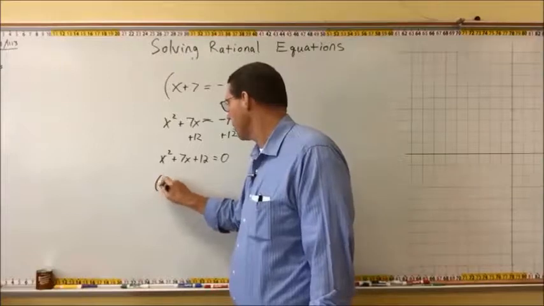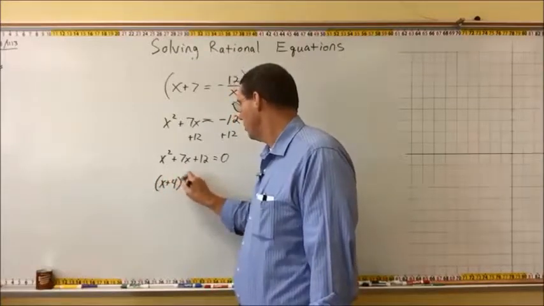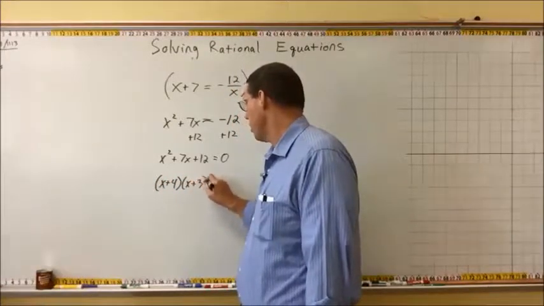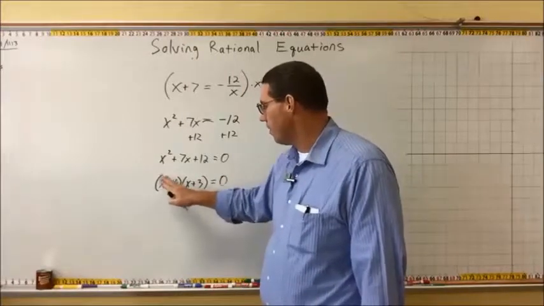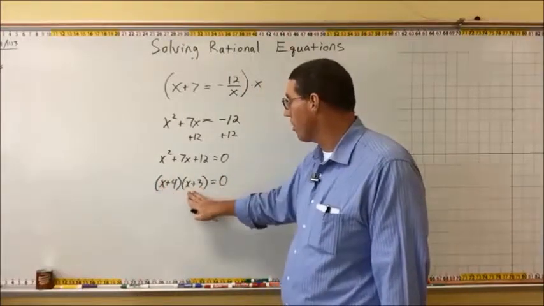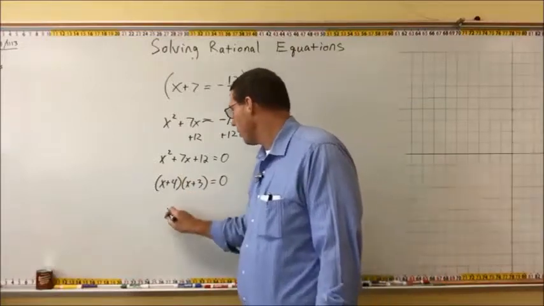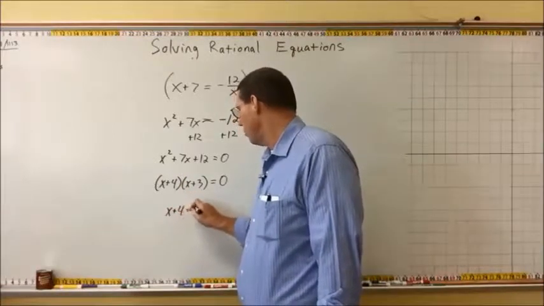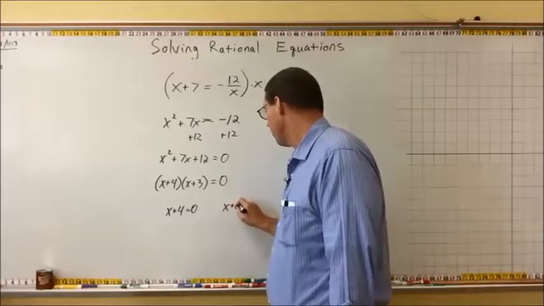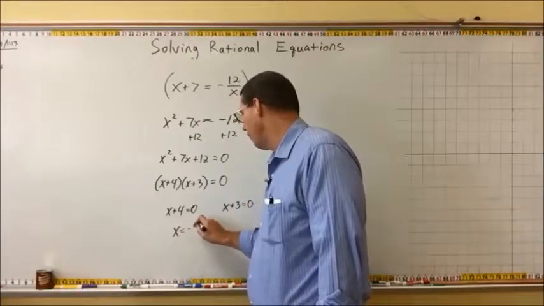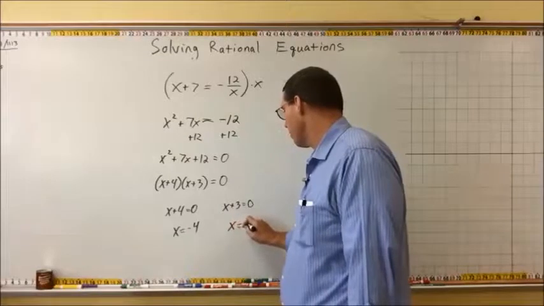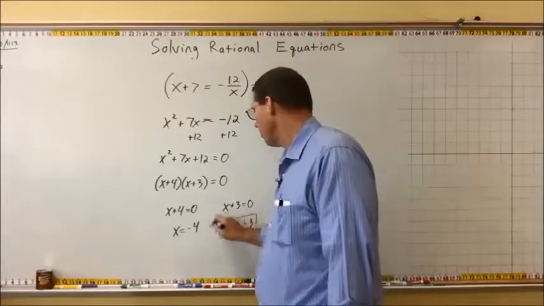So we're going to have x plus 4 times x plus 3 equals 0. The only way this can happen is if either this one is equal to 0 or this one is equal to 0. So we're going to say x plus 4 equals 0, x plus 3 equals 0, and solve. Here we're going to have x equals negative 4. Here we're going to have x equals negative 3, and there are solutions.